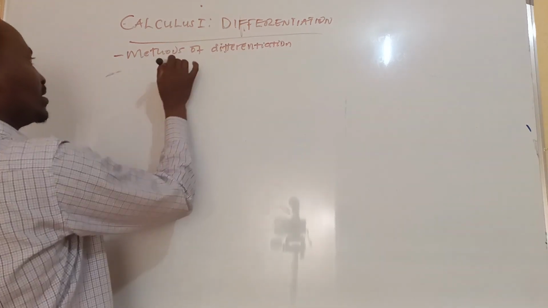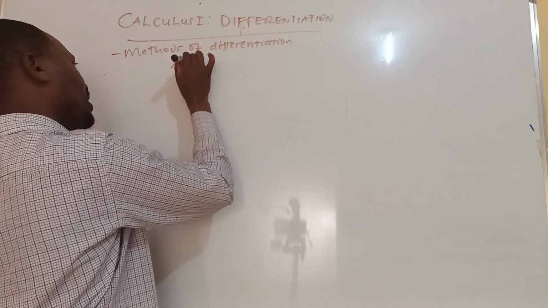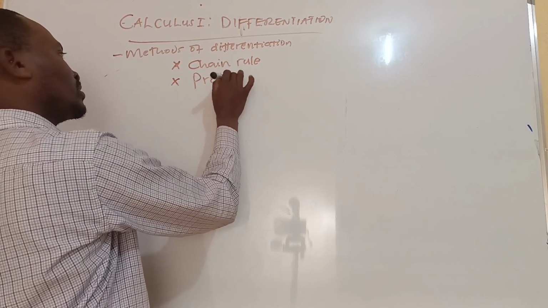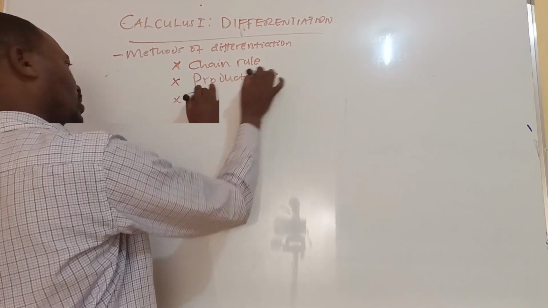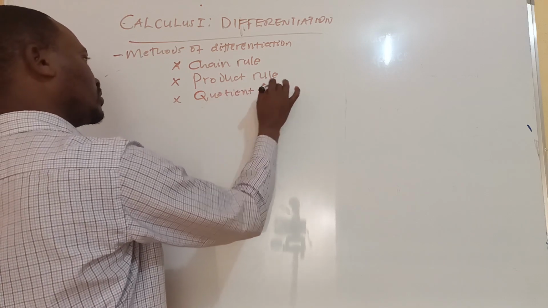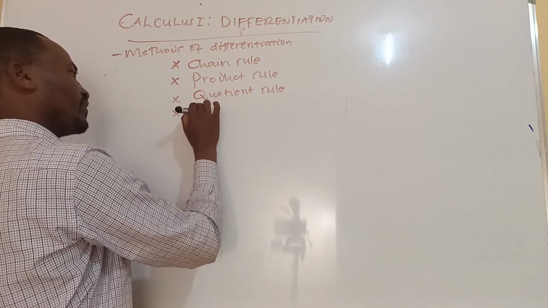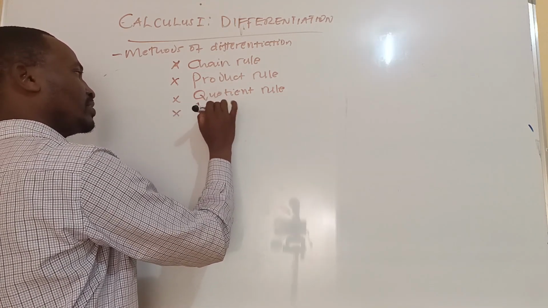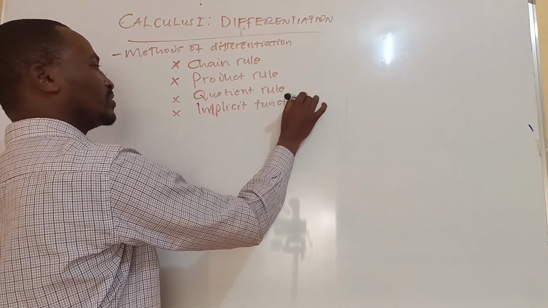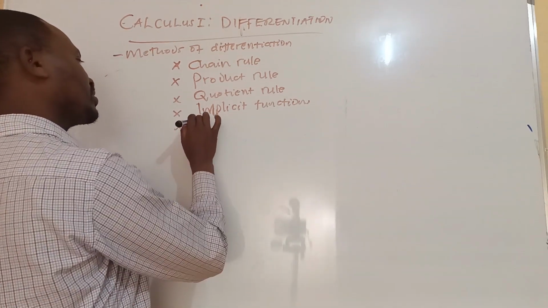First of all, let me highlight the methods of differentiation. We are going to start with differentiation by chain rule. Then we have product rule, quotient rule, and then we have differentiation of implicit functions, and then differentiation using parametric equations.